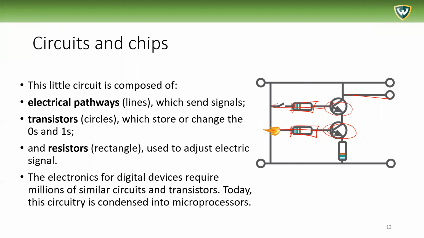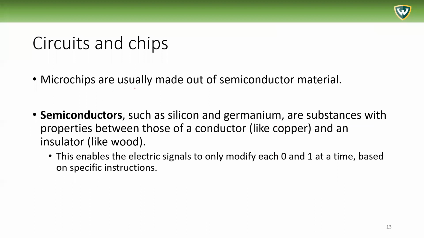The electronics for digital devices require millions of these circuits and transistors. Today, the circuitry is condensed into a microprocessor. Microchips are usually made out of semiconductor material, like silicon and germanium, which have properties of a conductor like copper, which allows electricity to move through it, and an insulator like wood, which stops electricity from going through.